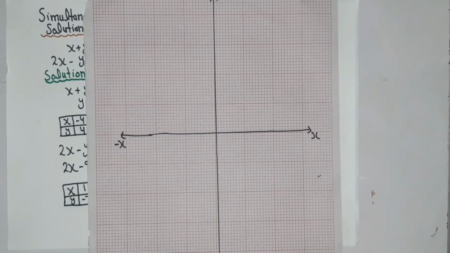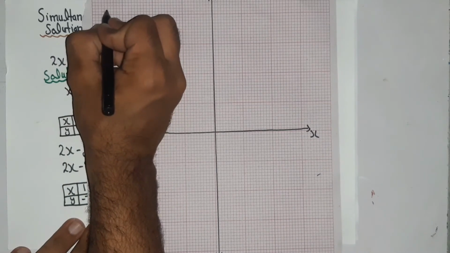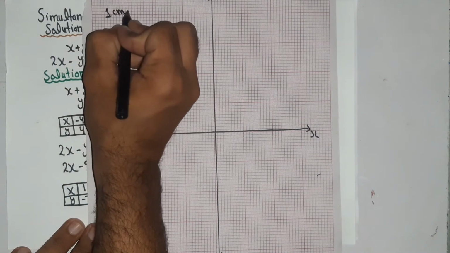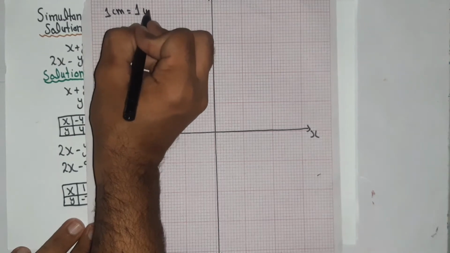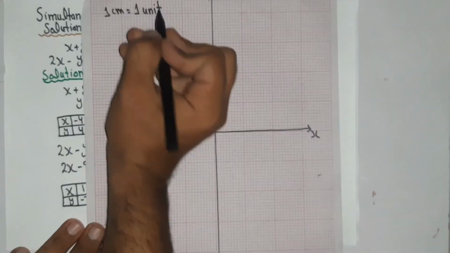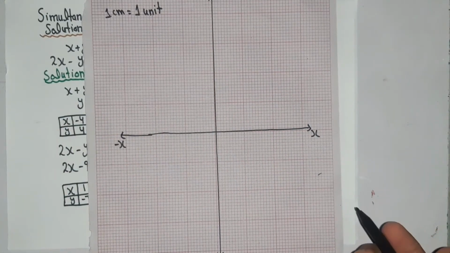So the scale that we choose is 1 centimeter equal 1 unit. To solve these simultaneous equations graphically, you should be very careful while drawing these lines.